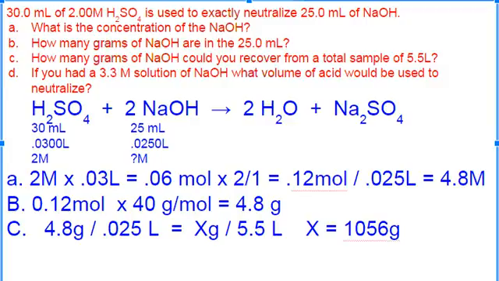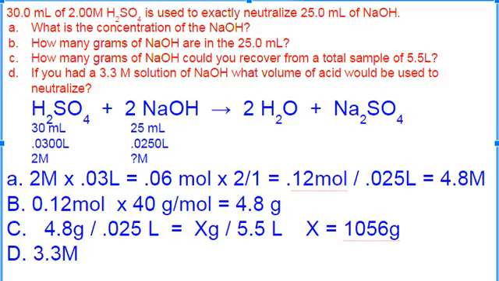And finally, question D says, if you had a 3.3 molar solution of NaOH, what volume of acid would be used to neutralize this? So if I have 3.3 moles per liter of NaOH, I can look at how many moles I need of that.